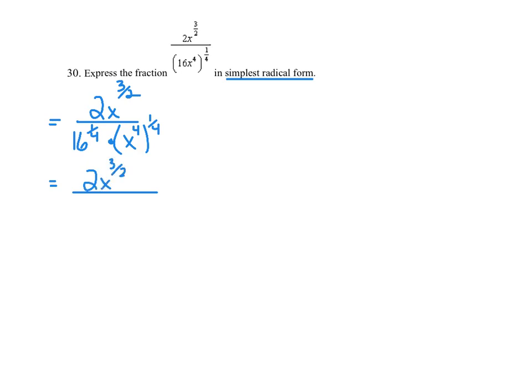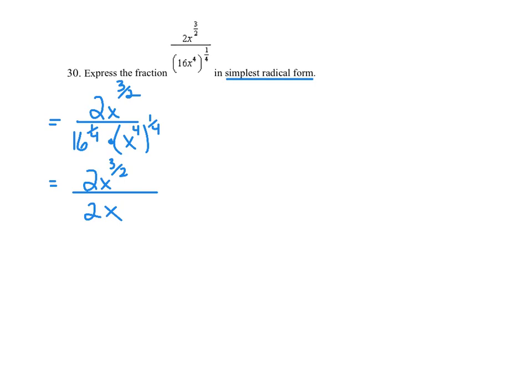And I'm going to do 16 to the 1/4 in my calculator, and that ends up giving me 2. And then x to the 4th to the 1/4, remember, power to a power, you multiply exponents. Well, 4 times 1/4 is just 1, so I'm going to be left with 2x in the denominator.